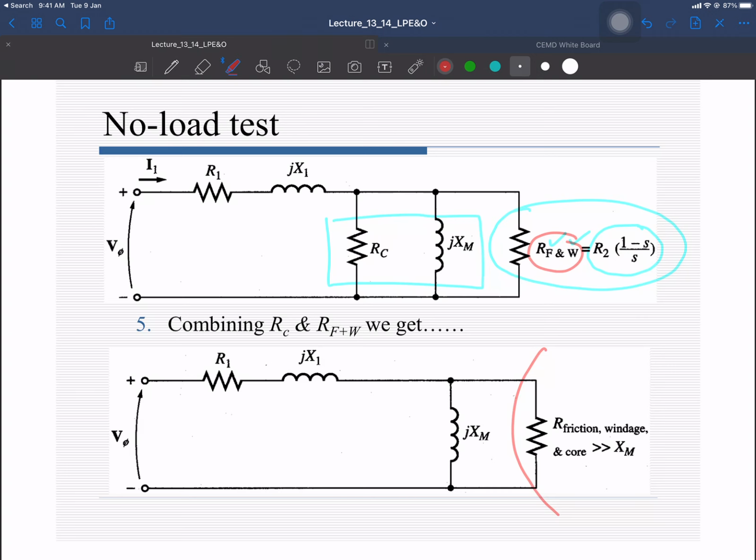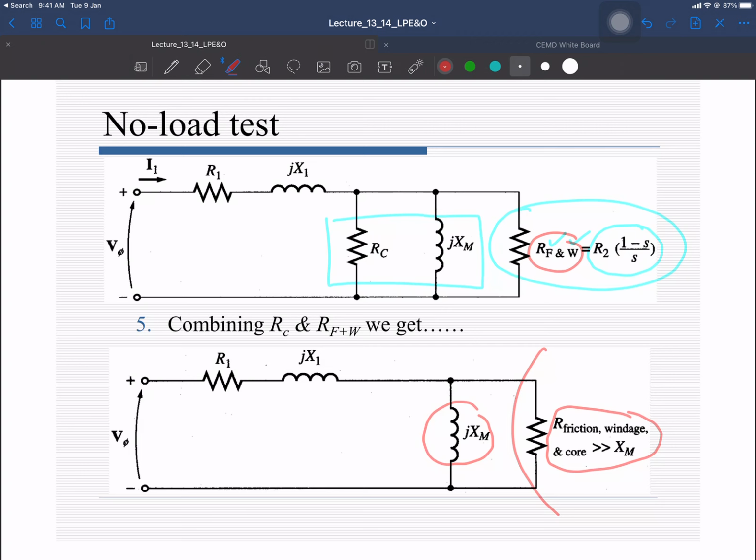Why are we combining? The Rc is also usually very high, and the current in the Rc is basically the eddy current loss, and that should be as small as possible. So Rc is very high in practice. Okay, so we have now the jXm, and the frictional windage and the core losses are combined together all over here. And what is the relationship between this and jXm?